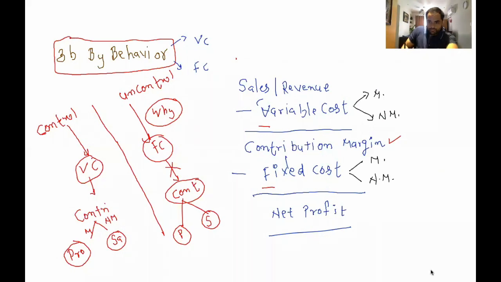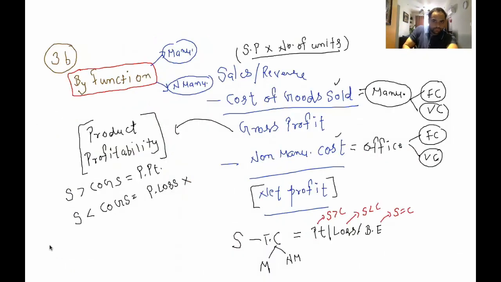However, by function, in order to complete this product, there are two functions involved: manufacturing, which covers material, labor, direct expense, and so on, and non-manufacturing, which is marketing, advertising, packaging, labeling, distribution.